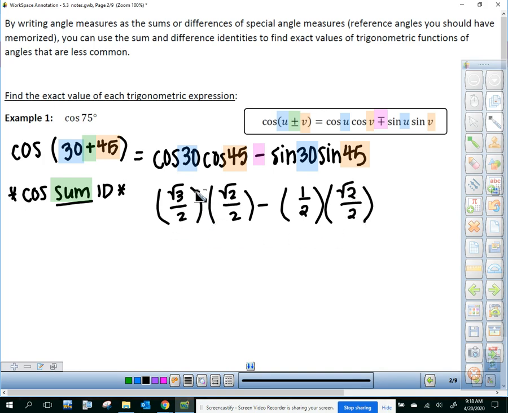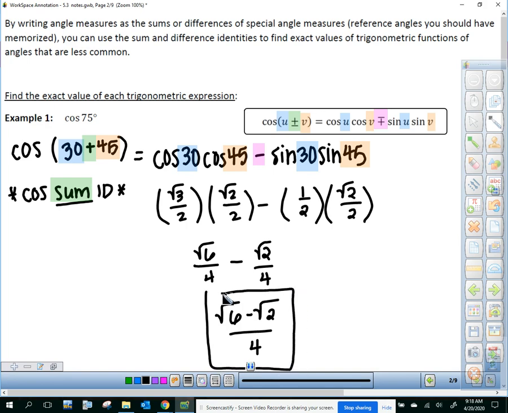Now when you multiply fractions, multiply straight across the top, straight across the bottom. When you're multiplying radicals, you multiply what's underneath. So that becomes root 6 over 4 minus root 2 over 4. We do have a common denominator, so we can combine these to a single fraction, but we cannot combine the numerator.